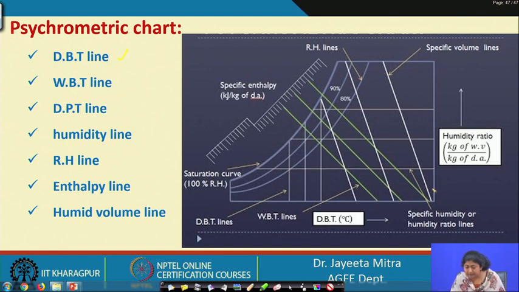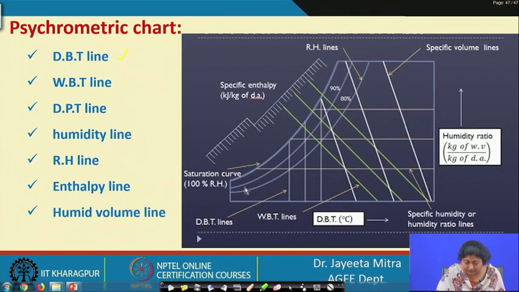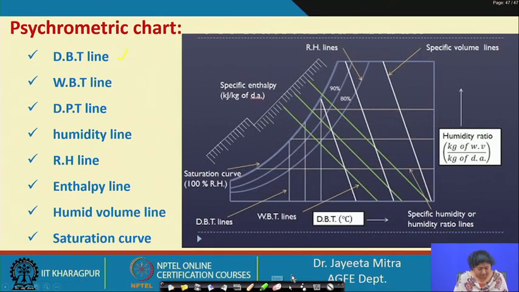The white lines are called the specific volume lines. The curved line towards the left end is the saturation curve, or the relative humidity, showing first 100% saturation, and then as we move towards the right side, the relative humidity is reducing. Okay. The vertical straight lines are the dry bulb temperature lines. The saturation curve is the 100% relative humidity curve.